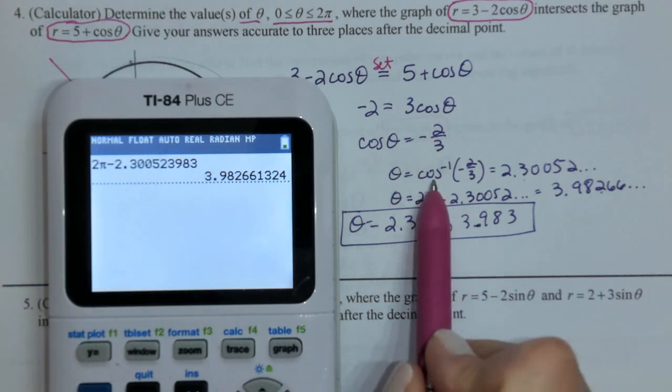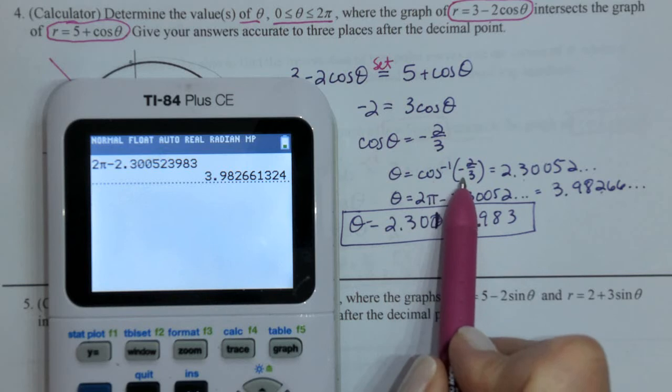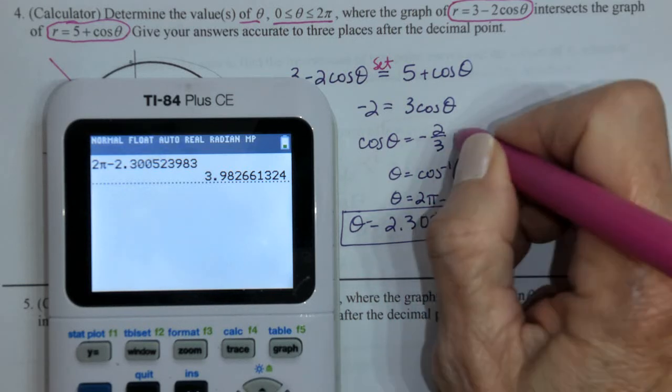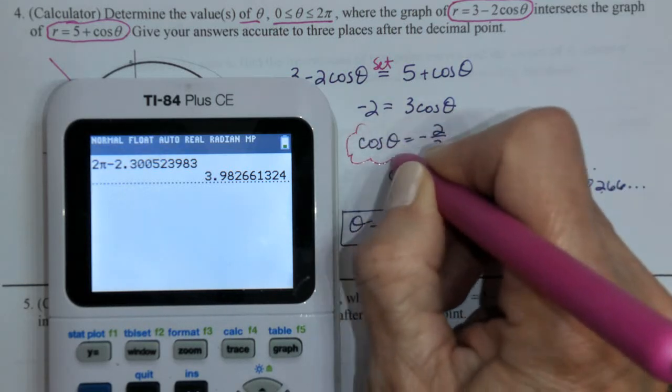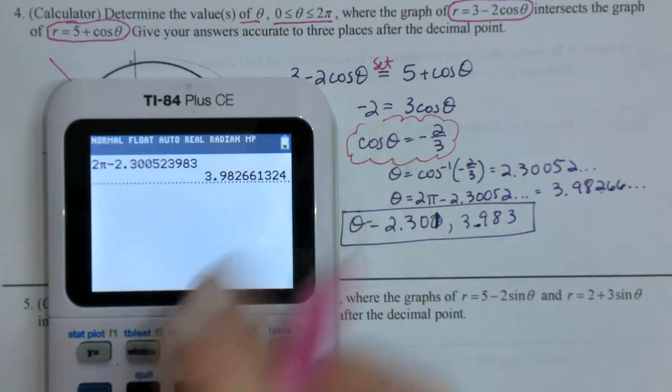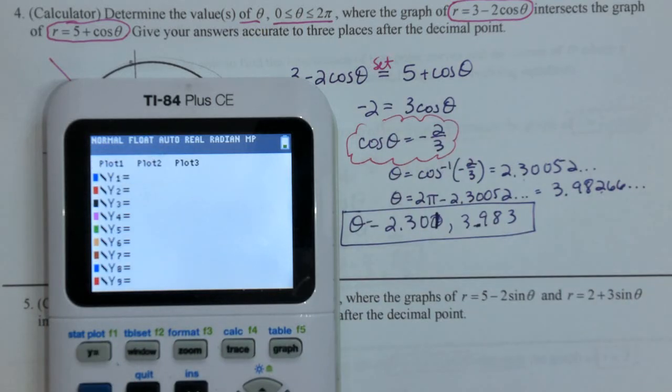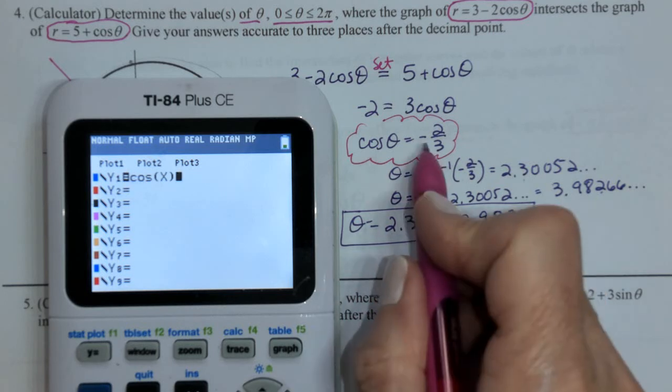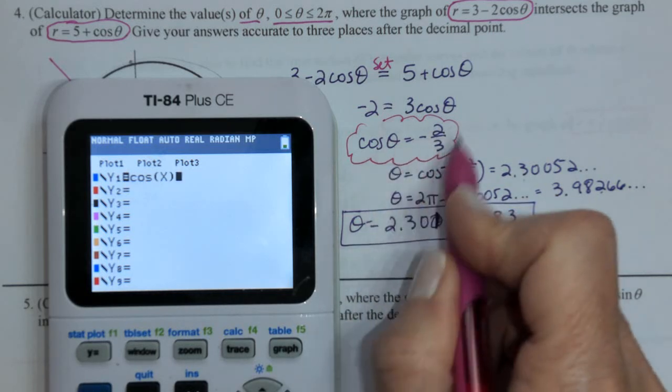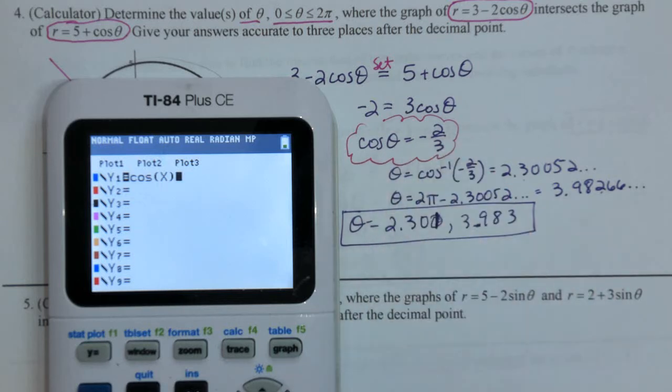Rather than using your inverse cosine function, I'm going to go to this equation and put it into my calculator. Cosine x, I'm going to add the 2/3 to the other side, so make it a plus 2/3. And then in for y2 put 0.